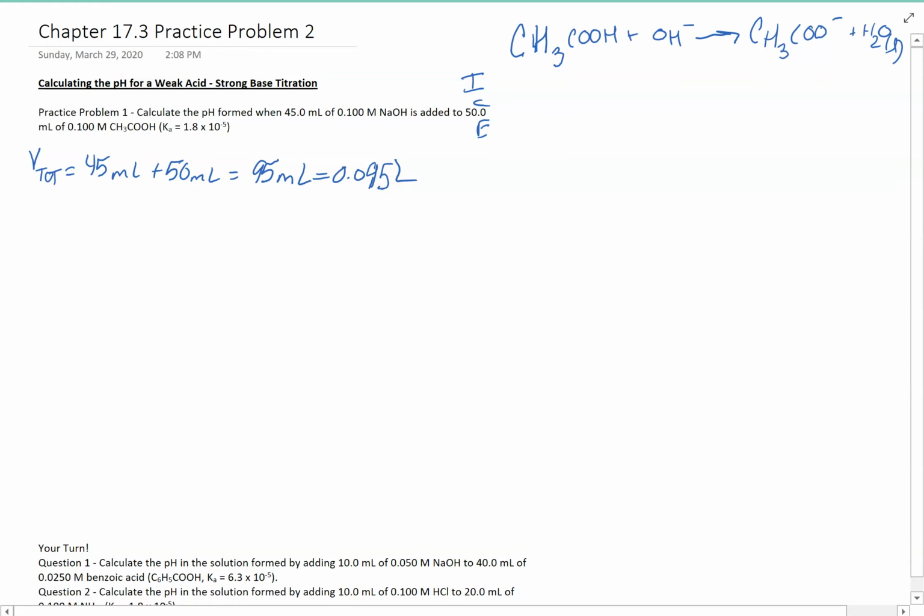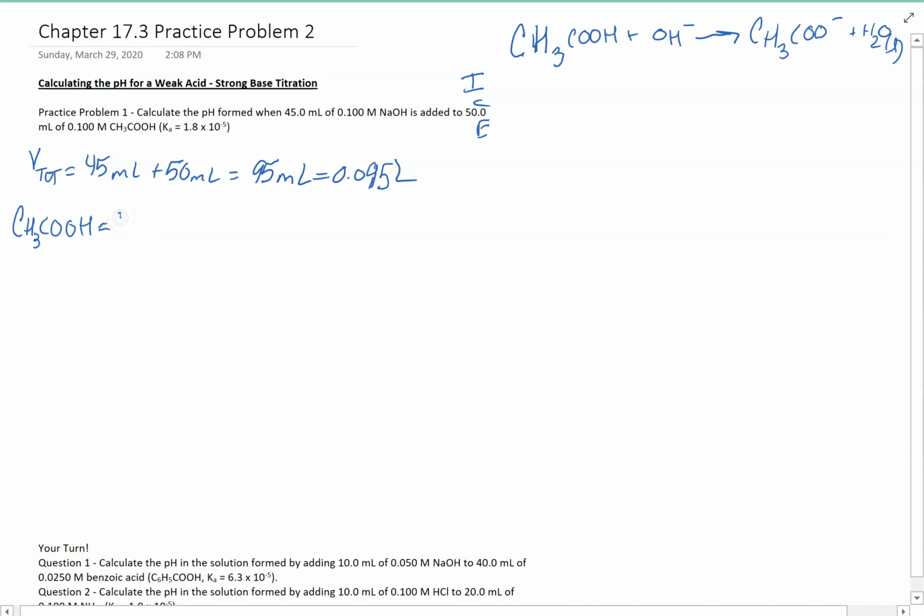All right, so next thing we want to calculate is the actual number of moles of each thing that are actually present. Remember, we're using molar equivalences. We're not actually trying to do molarities in our ice tables moving forward.